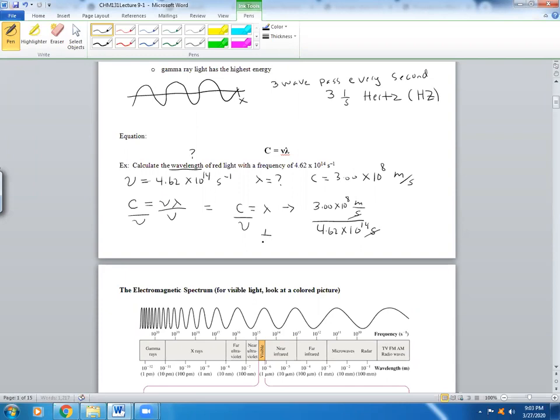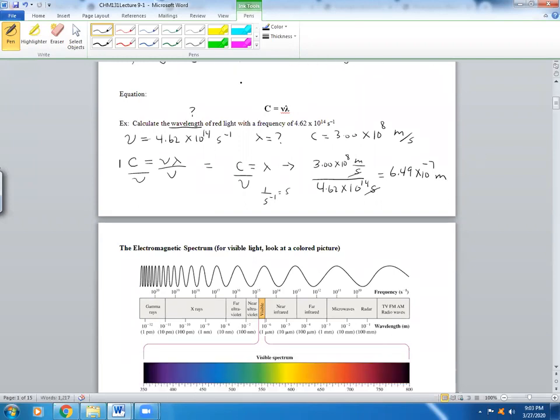Okay, so 1 over inverse seconds equals seconds. So if we were to calculate this, we would get 6.49 times 10 to the negative 7th meters.